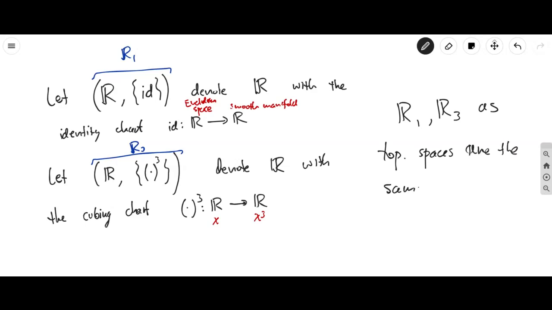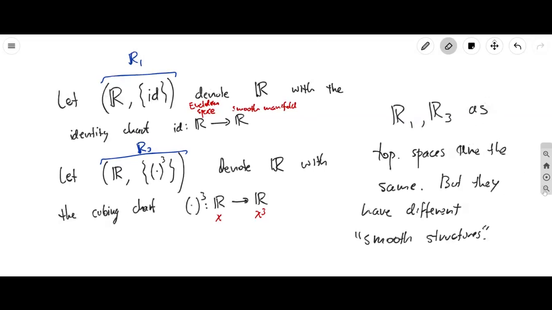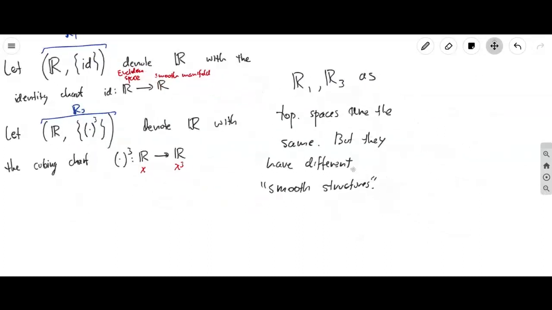It's just the real line. But they have different smooth structures. Here, we only need a single chart. On the circle, we need a minimum of two charts in an atlas. But for the real line, you can get an atlas with just a single chart. Okay, so this is what we have.